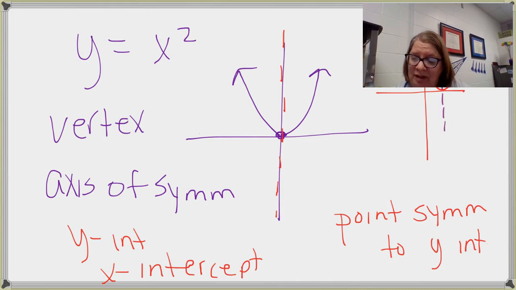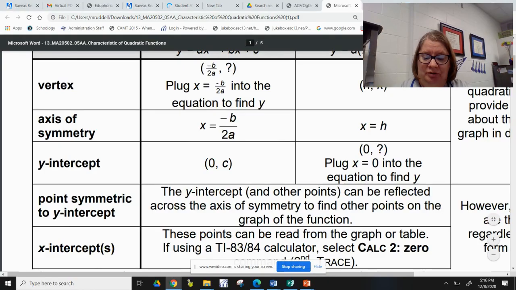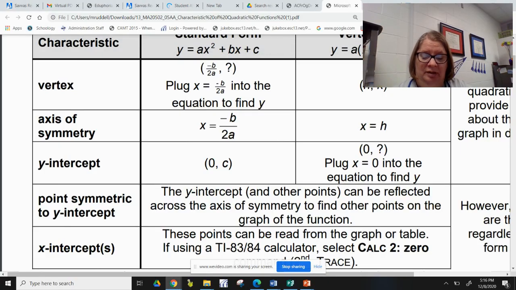A little y-intercept. And the point symmetric is like the mirror image across that axis of symmetry. That's the point symmetric, and we're going to learn how to find that from both forms. So this little chart that's on your paper is very handy.